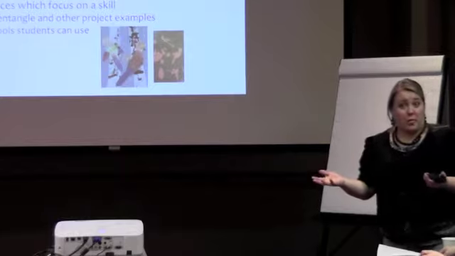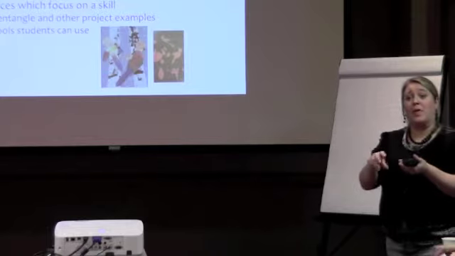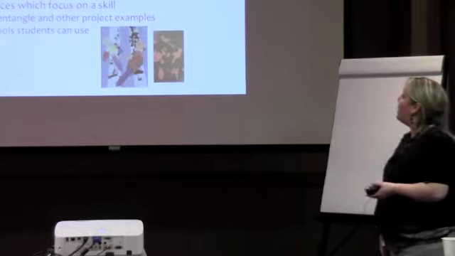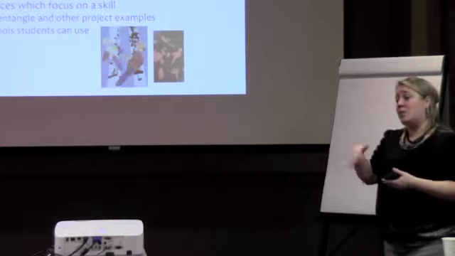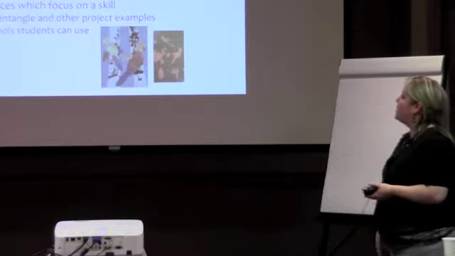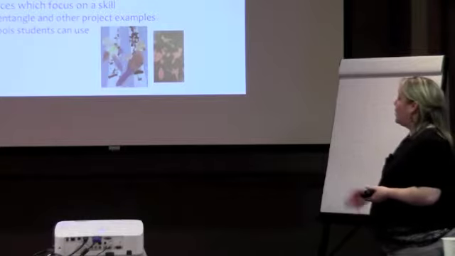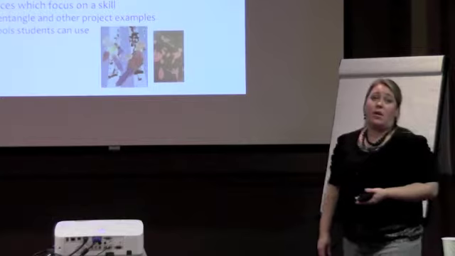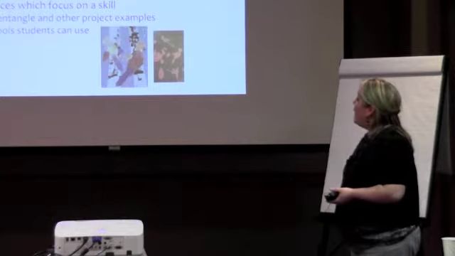Well, some of them can't draw birds, so I created bird parts, and they could manipulate them and move them around and pre-plan before they actually created their birds. We talked about paper techniques and watercolor washes and different types of painting techniques before this, but it's just one way that they can use all of these different kinds of manipulatives and planning pieces.